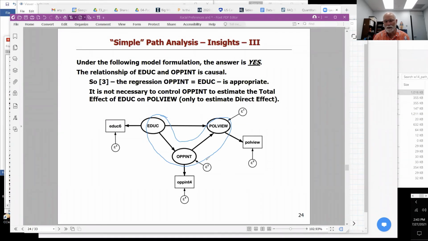So now education has two effects. One is direct and one is indirect. The direct effect is the connection via the straight line. There's a coefficient for that. The indirect effect is the combination of multiplying the B that links education and opposition to integration, and the B that connects opposition to integration and political view.